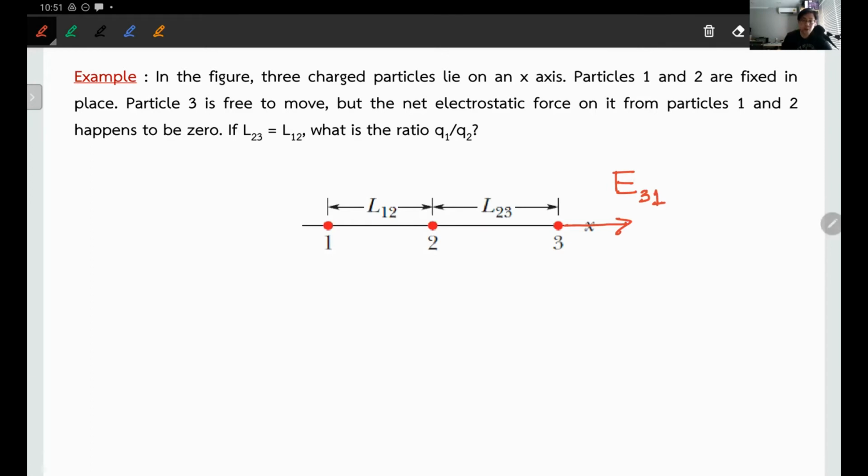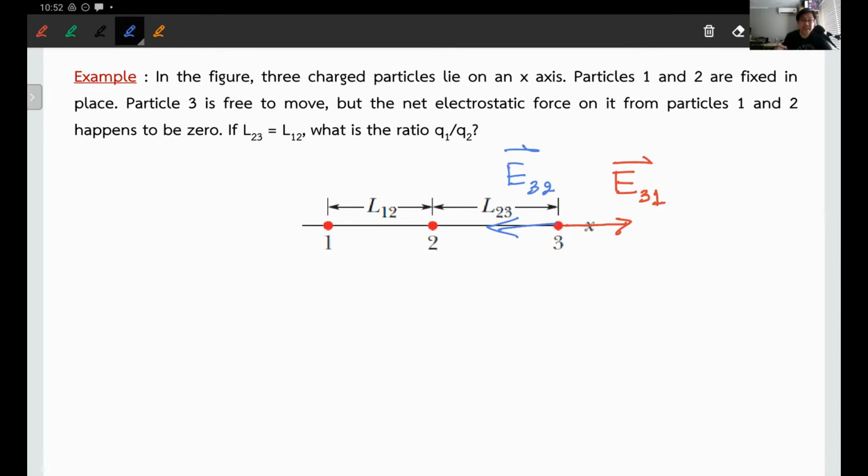So for this to get down to 0, it means the field from charge number 2 must be opposite in direction and equal in magnitude, so you are able to cancel these out. Cool.